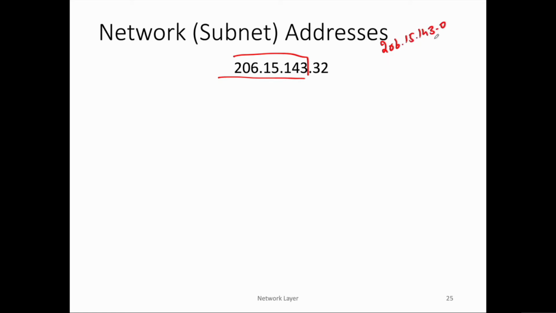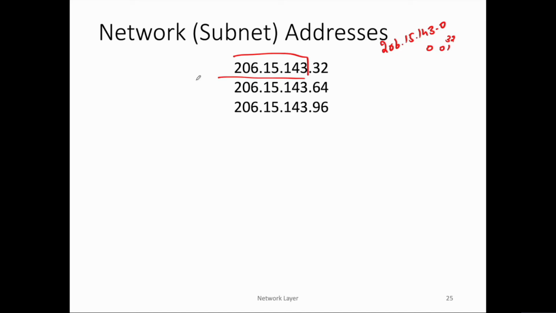206.15.143.0 was assigned by the ISP. This identifies my network address. So this is the first subnet value that I can have by applying the combination 0, 0, 1, and the value of this bit is, we know, 32. So this is the first subnet address. What is the second subnet address? Yes, 206.15.143.64.